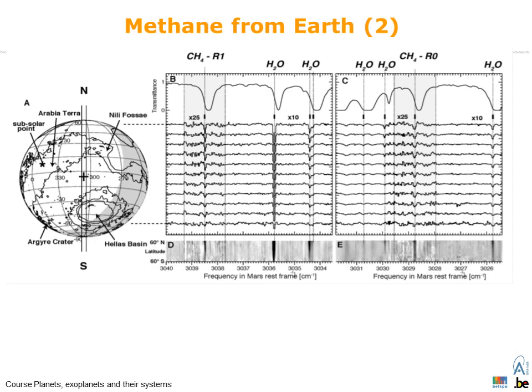Each line here corresponds to a different latitudinal beam sounding on Mars. Absorption by Martian water is easily seen, as well as a series of lines which were attributed to Martian methane.